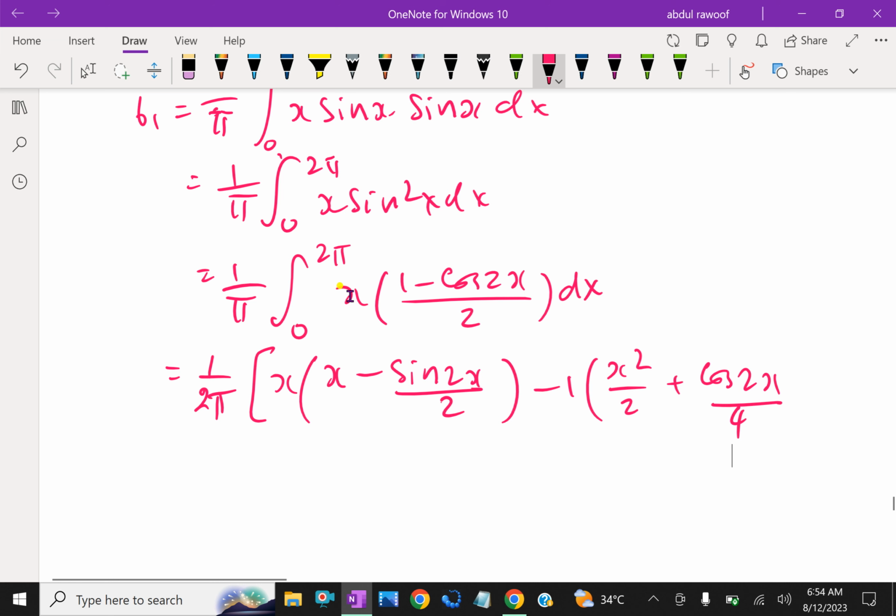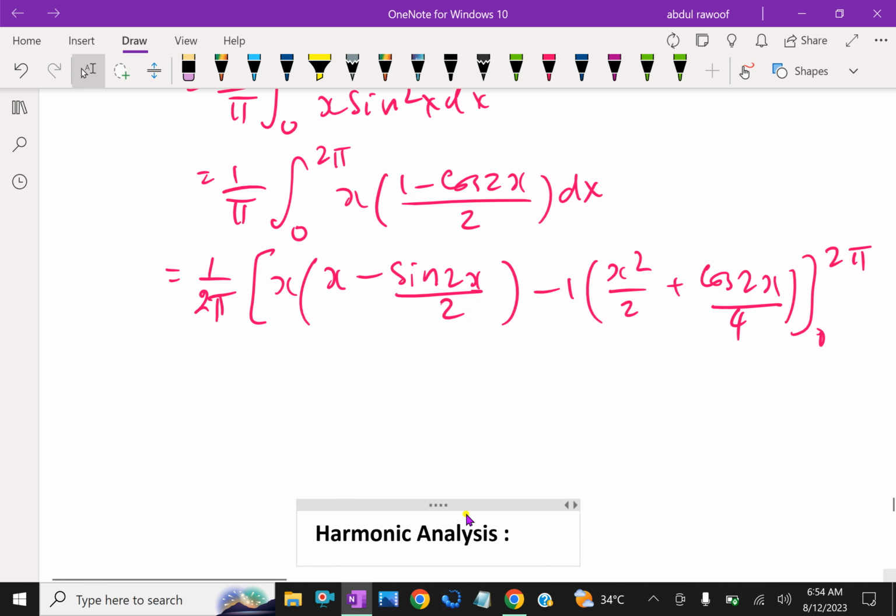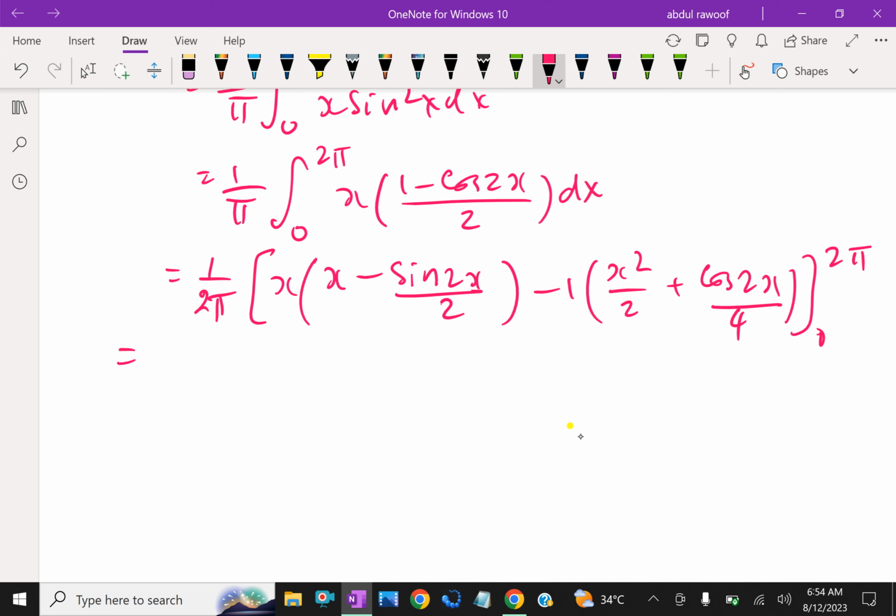That means we are using the uv function here, 0 to 2 pi. Then we substitute the limits 0 to 2 pi.